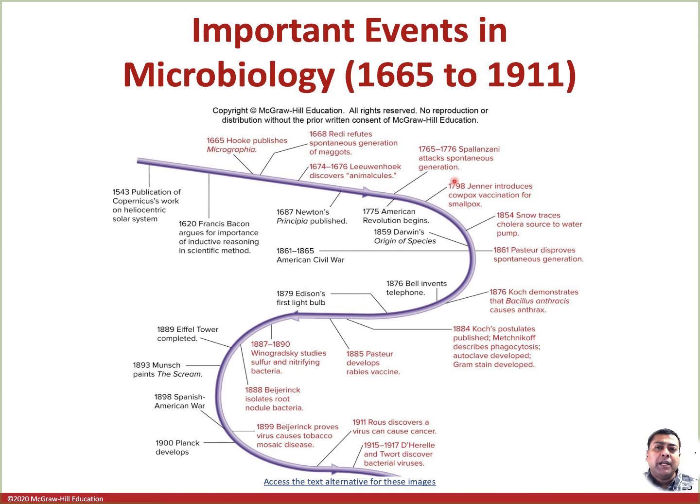And right here, there was some attack on spontaneous generation. See, 1798, even way before that we knew viruses, Jenner developed the smallpox vaccination. These are the landmarks, so please remember this one. I don't want you to remember all of them, but Jenner for vaccination is one that you want to remember.